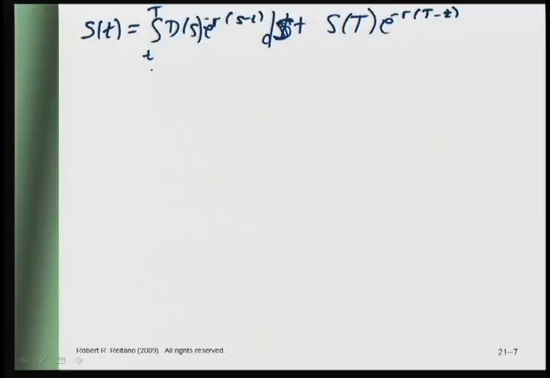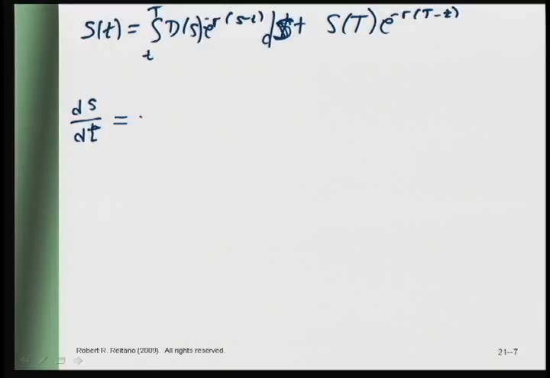So the general approach is that if we take the derivative with respect to t, and you have a t in the upper or lower limit of integration, what you need to do is evaluate the integrand at that value of little t. If the little t is in the upper limit of integration, I just insert it into the integrand. If it's in the lower limit of integration, I use minus the value of the integrand at little t.